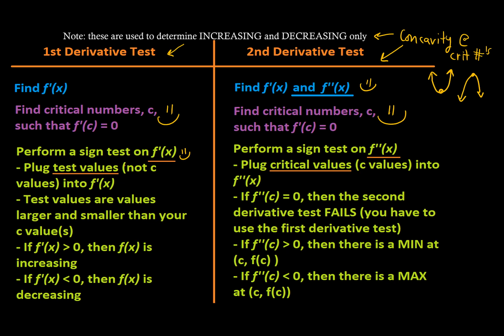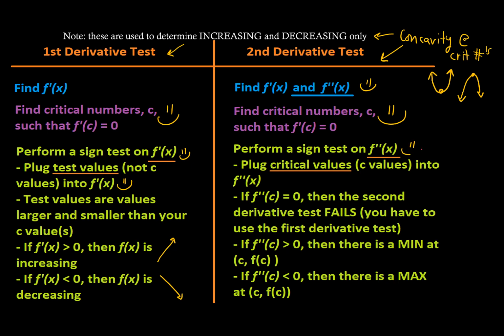You plug in test values, not your critical values, into your first derivative, and make sure that you're always using test values that are larger or smaller than your critical numbers. If your answer is positive, then f of x is increasing. If your sign test is negative, then your original function is decreasing.